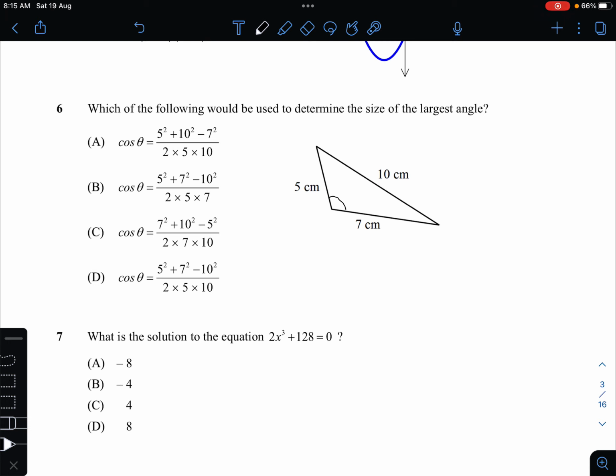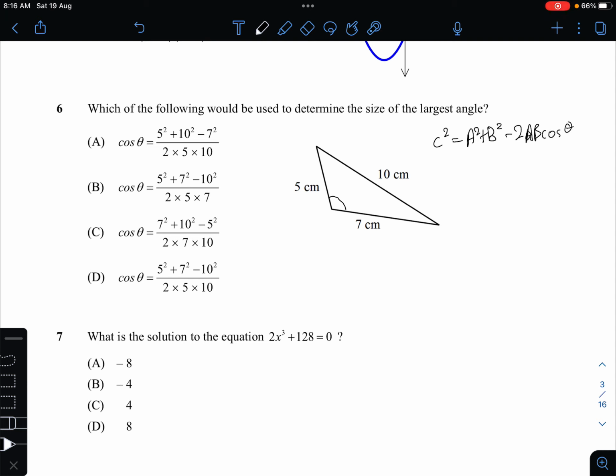Now, looking at the information given, you plug cosine rule in. I don't actually know the cosine rule for the angle, but I do know it for the side. So c squared equals a squared plus b squared minus 2ab cos theta.